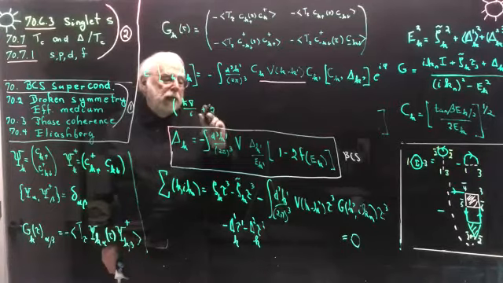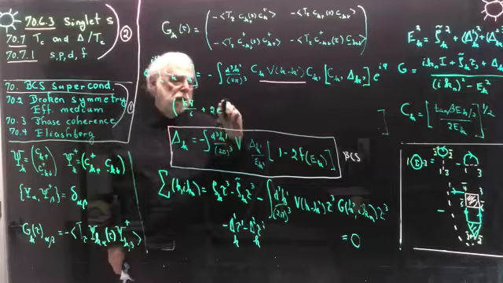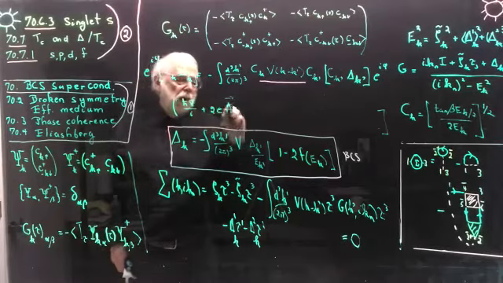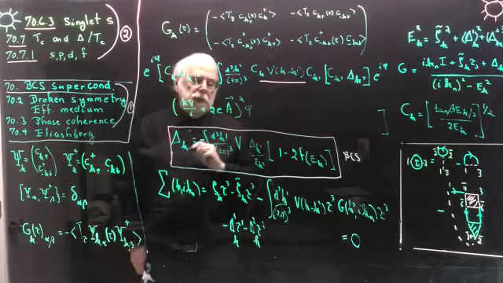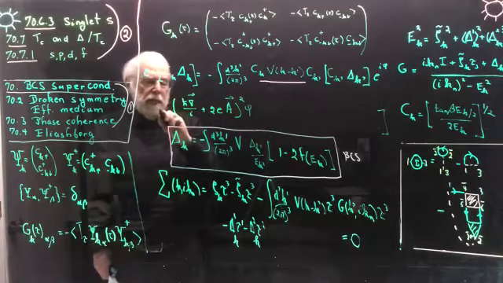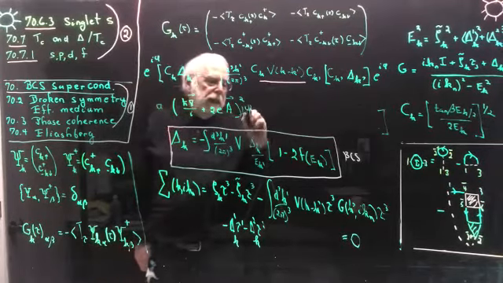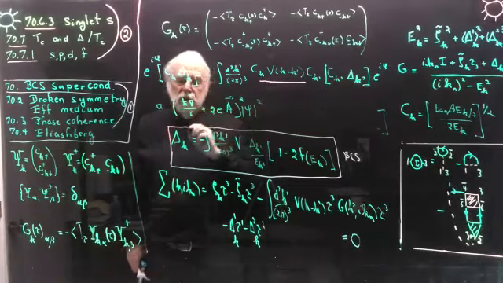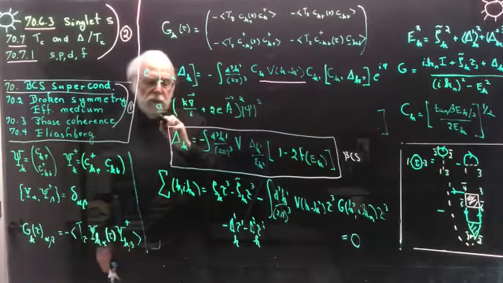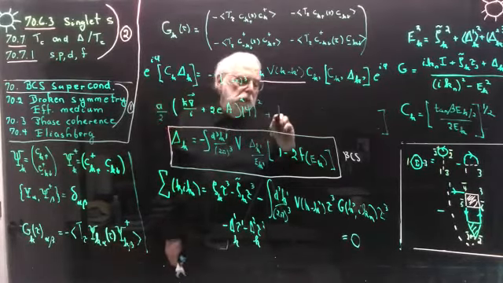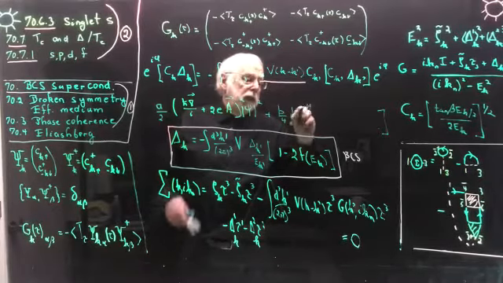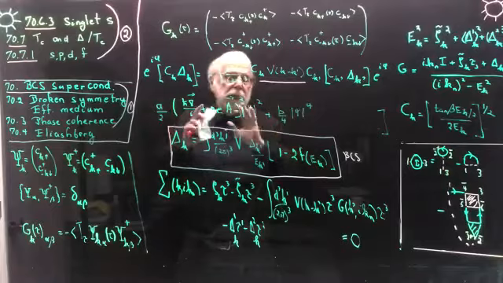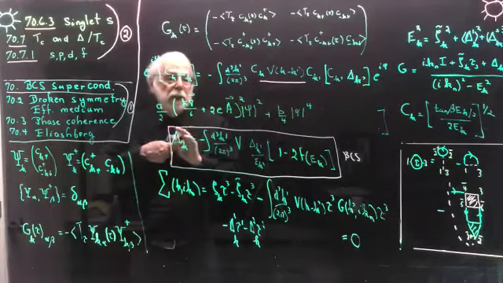I mean, the 2 they did not know at the time, but we know there's a 2e. And we can write a Landau theory that looks like this near the phase transition.